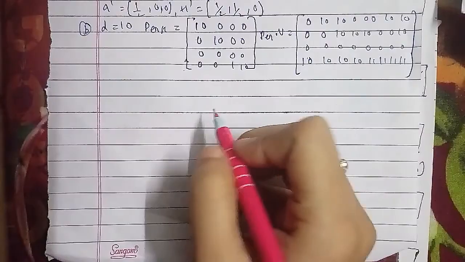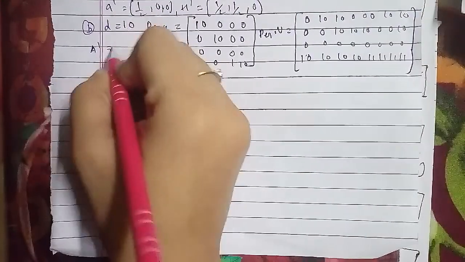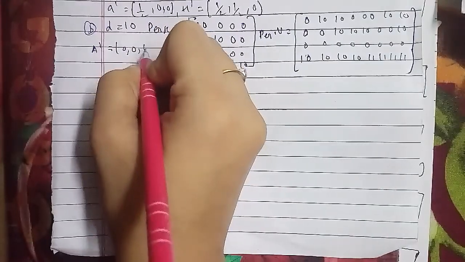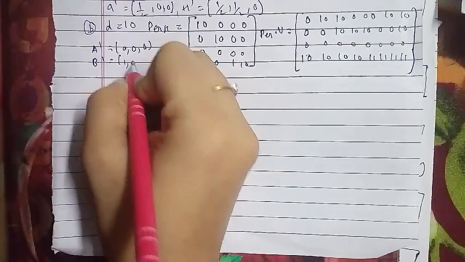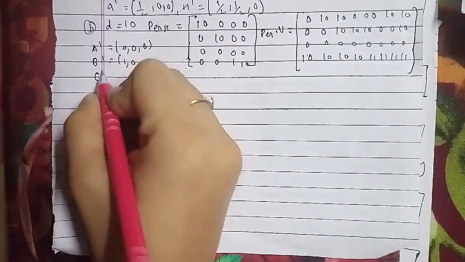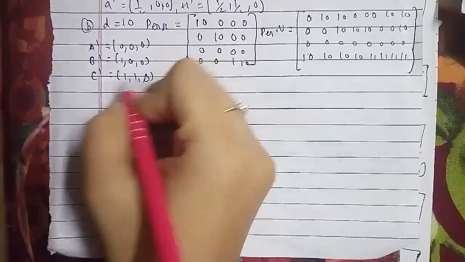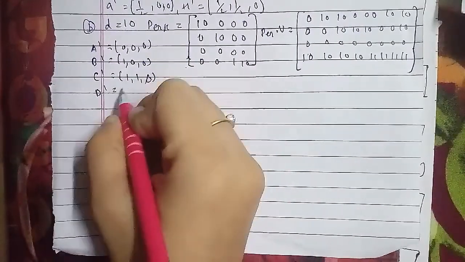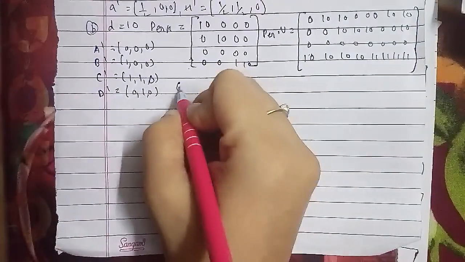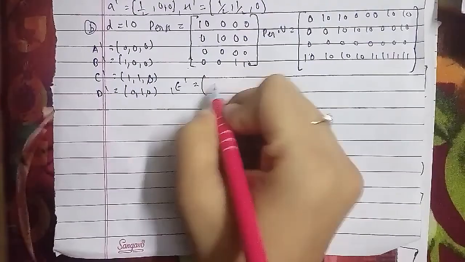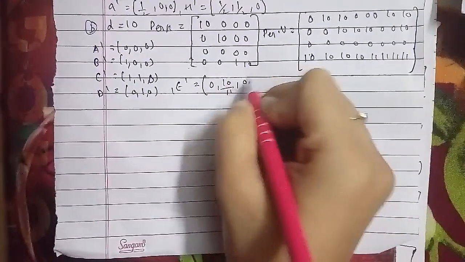Now for that we have the coordinates as well. A dash is 0 comma 0 comma 0. B dash is 1 comma 0 comma 0. C dash is 1 comma 1 comma 0. D dash is 0 comma 1 comma 0, and E dash is 0 comma 10 by 11 comma 0.